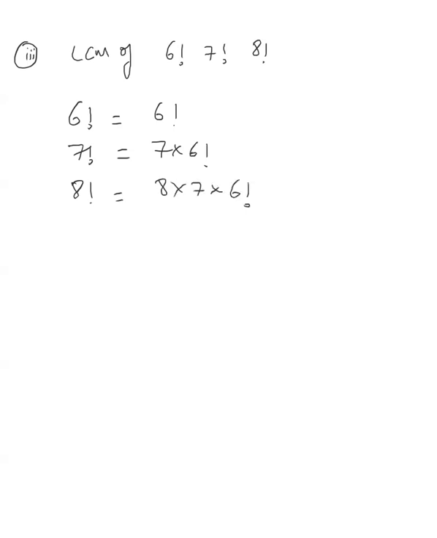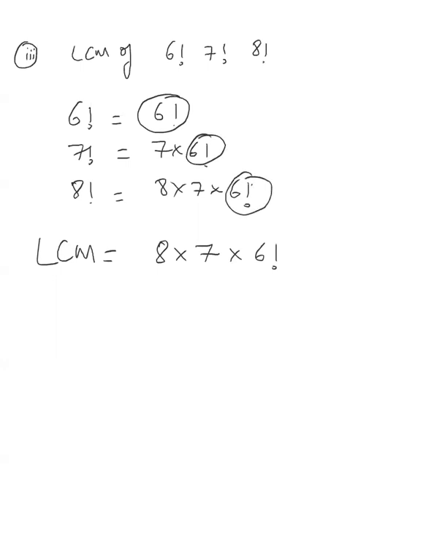LCM means what? You know what is 6 factorial? 6 into 5 into 4 into... So LCM will be 8 factorial, because LCM should contain all the terms, na? That is the LCM. Okay, this is understandable, right? Clear?